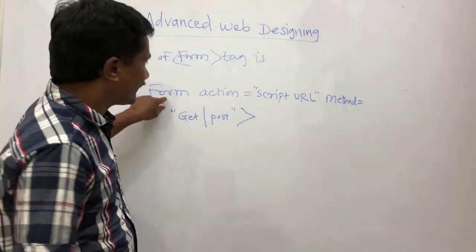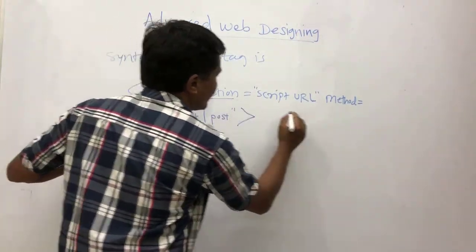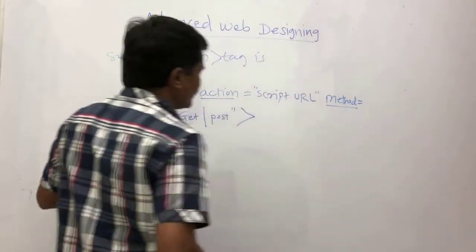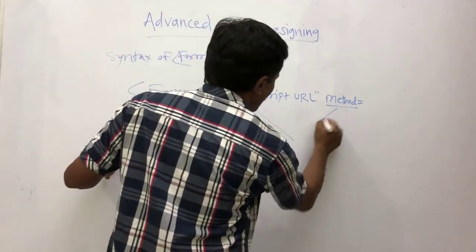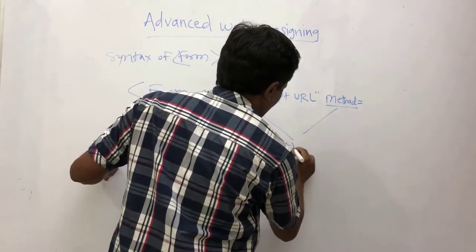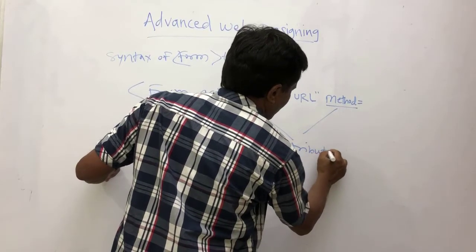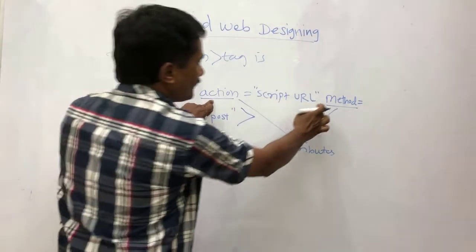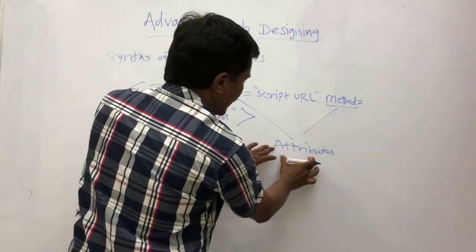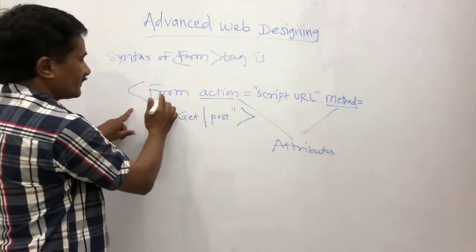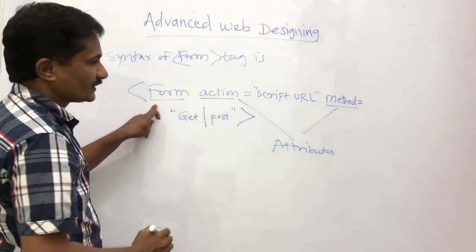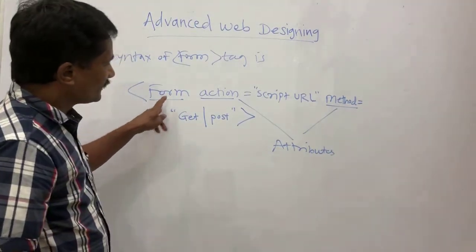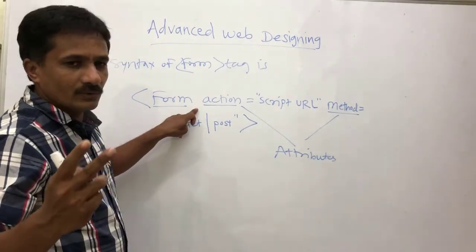Here, students, form is a tag, and action and method are the attributes of the form tag.